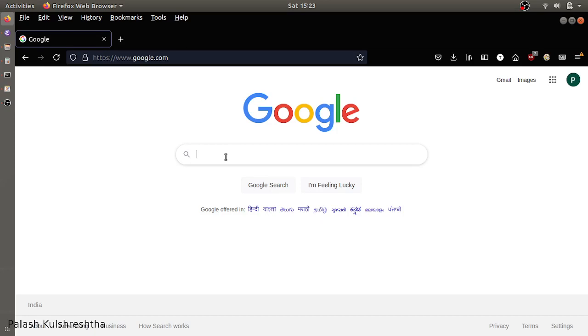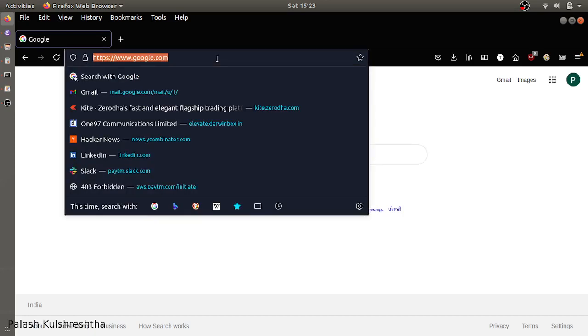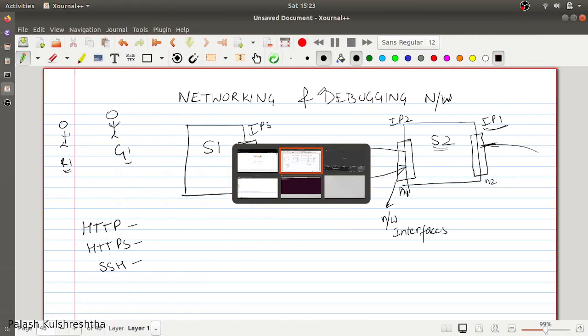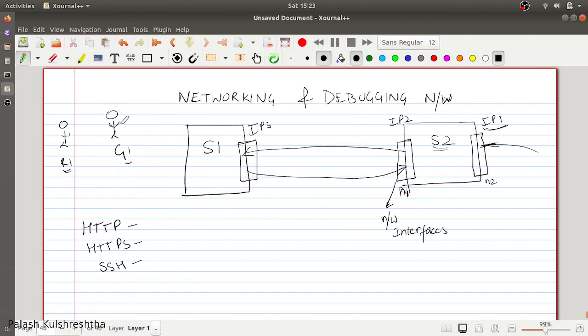In this case, I, the human operator, have opened google.com, and the servers of google.com have sent me this page. This page is basically a collection of bits or a collection of text that they have sent. So in this case, humans have interacted with machines by speaking in machine language, and there are programs that can convert human language to machine language and machine language to human language.